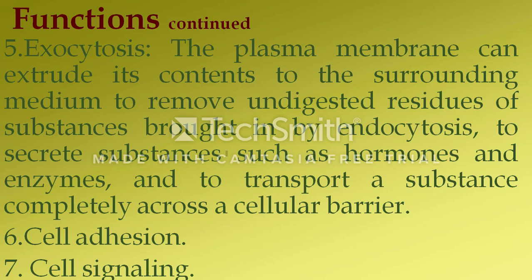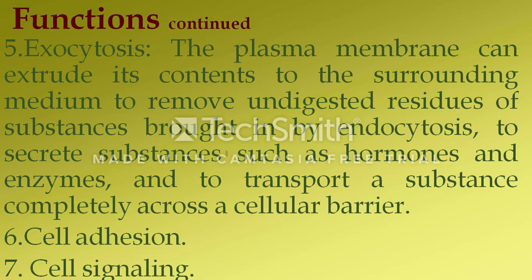So we observe exocytosis to remove the unwanted material or extrude the contents to the surrounding media, or in secretion of certain substances such as hormones and enzymes, and in transportation of substances completely across the cellular barrier. So this process is called exocytosis.